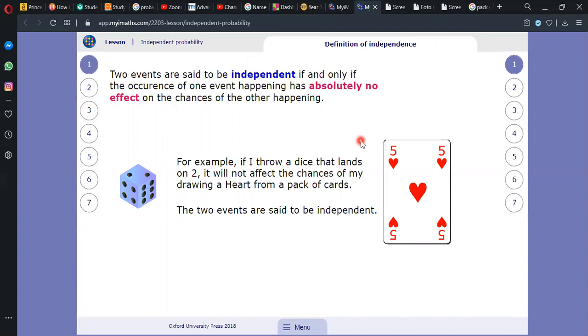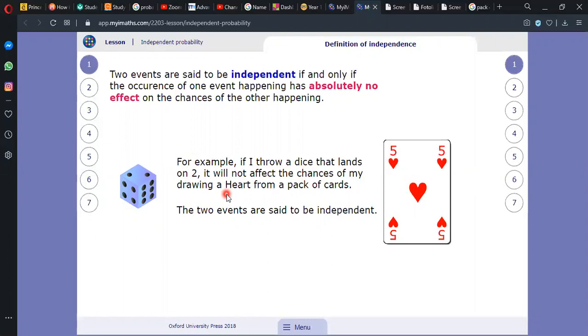Two events, as an example, that we can talk about is the dice and the playing cards. Now, for example, if I throw a dice that lands on 2, it will not affect the chances of my drawing a heart from a pack of cards.